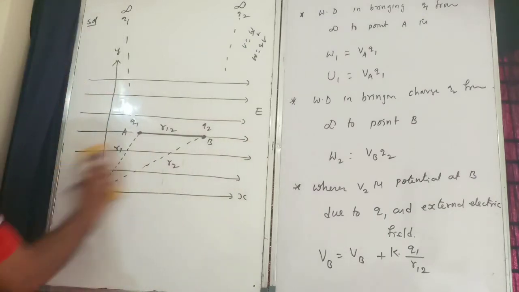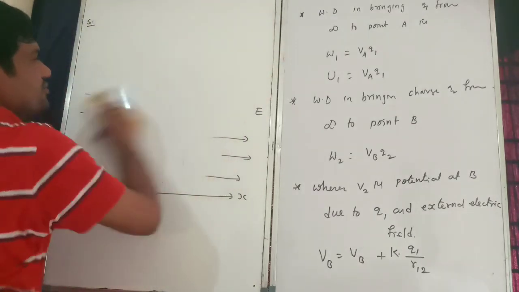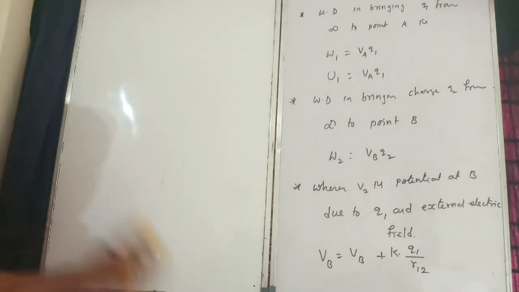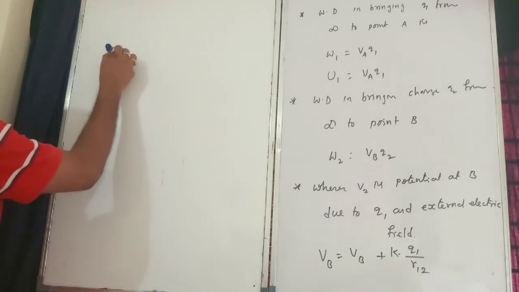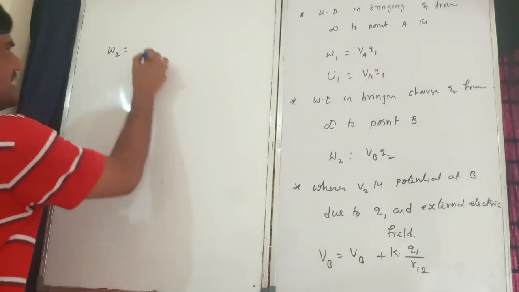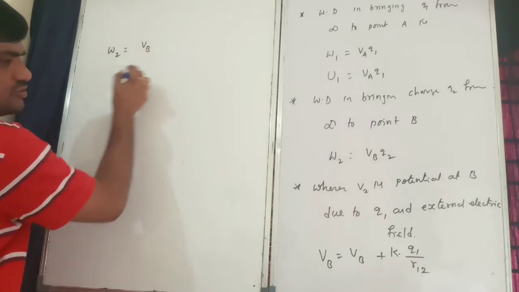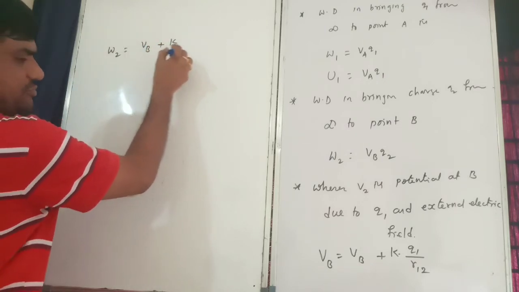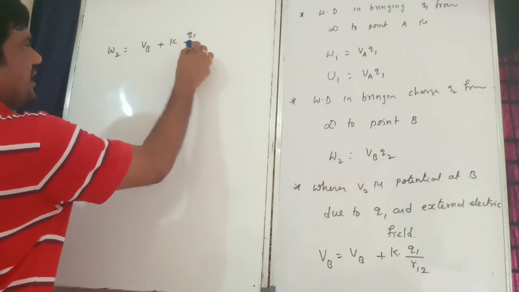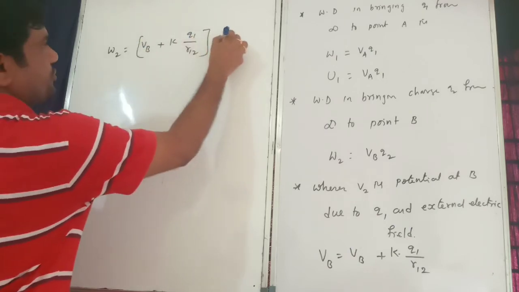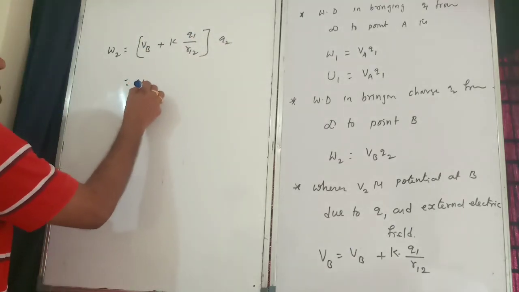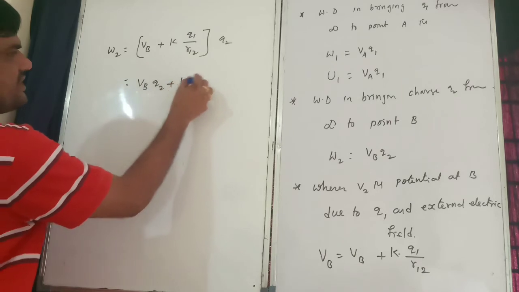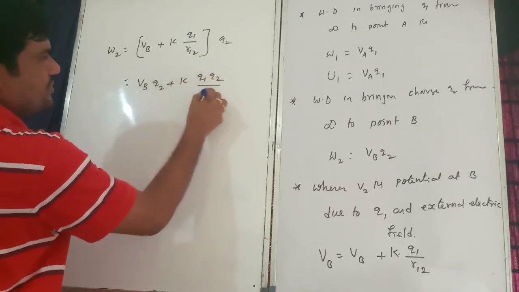Right. So now we can substitute that value in W2. So W2 is equal to VB into Q2 plus K into Q1 Q2 by R12.